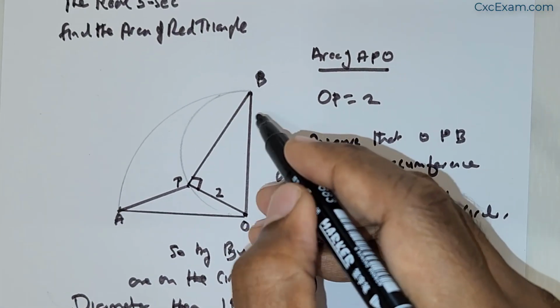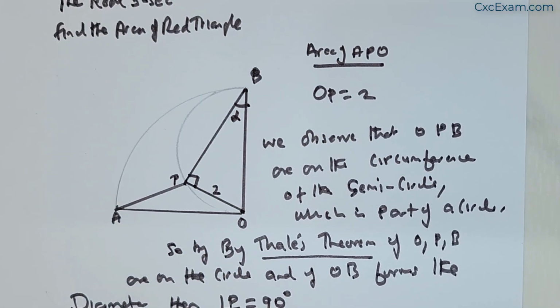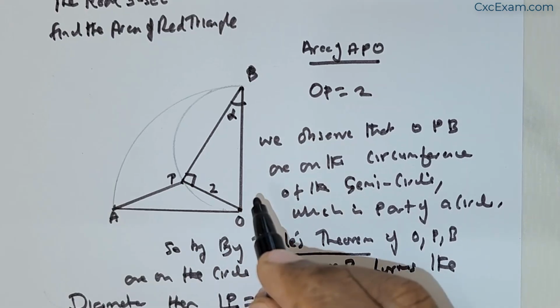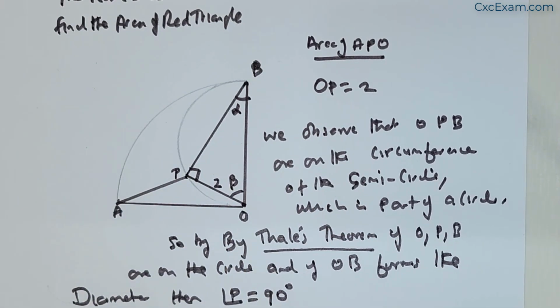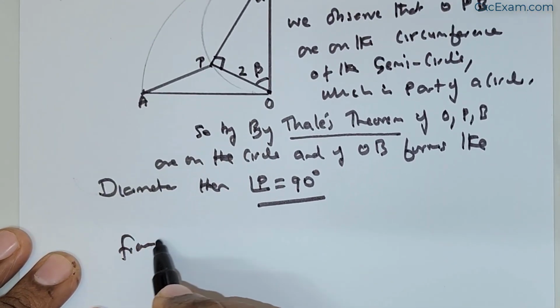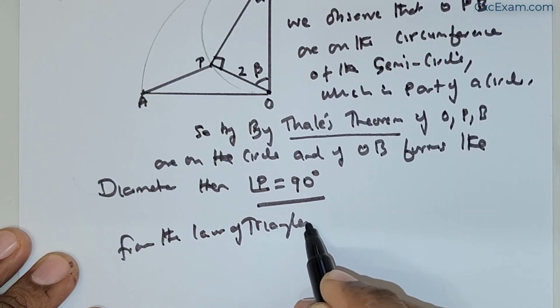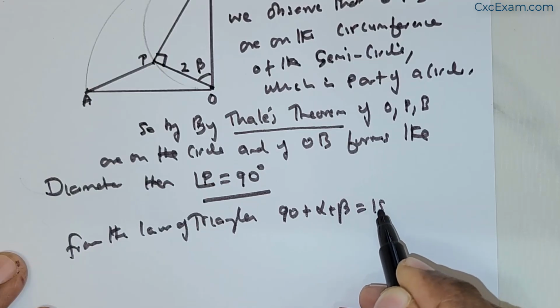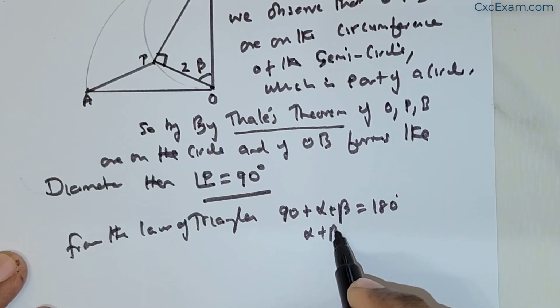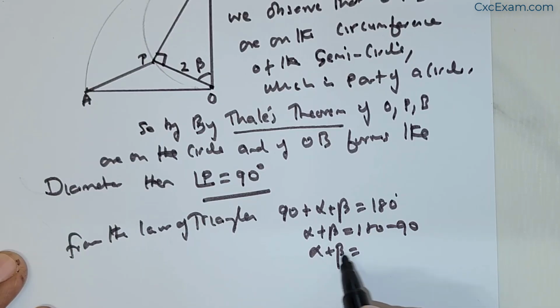Okay. Now if I were to take this angle as, say, alpha, and this angle as beta, from the angle sum of triangles, 90 plus alpha plus beta should be equal to 180, which means alpha plus beta is equal to 180 minus 90, which means alpha plus beta is 90 degrees.